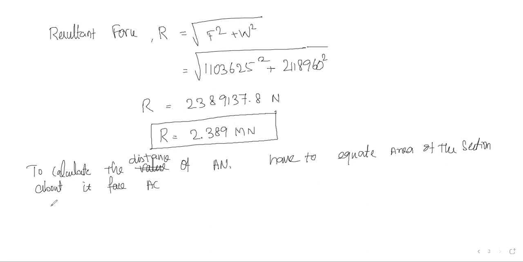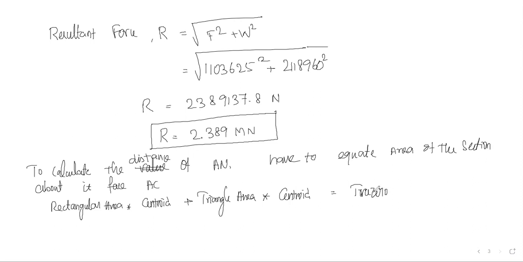So the rectangular area multiplied with its centroidal distance plus the triangle area multiplied with its centroid distance is equal to the trapezoidal area multiplied with its centroid. So the rectangular area is 4 into total height 18, multiplied with centroid 4 by 2, plus the triangular area.